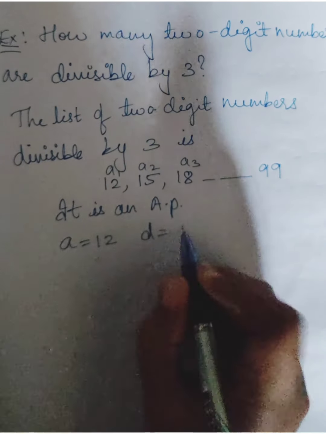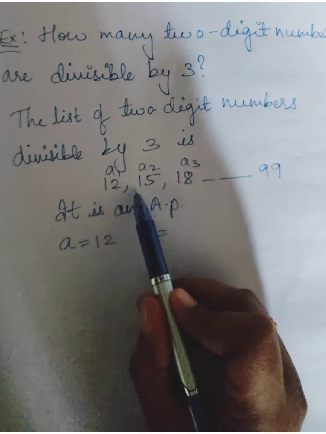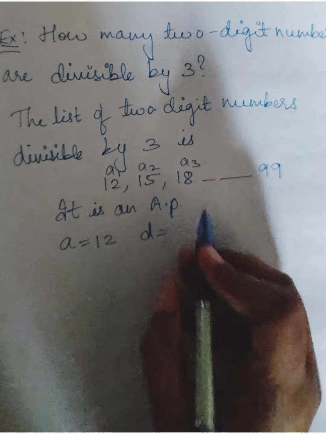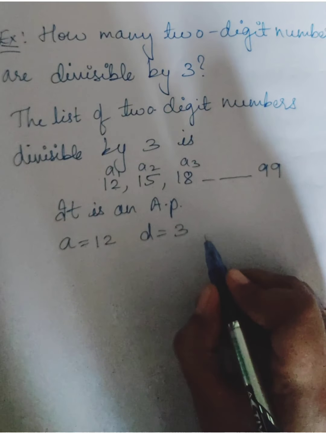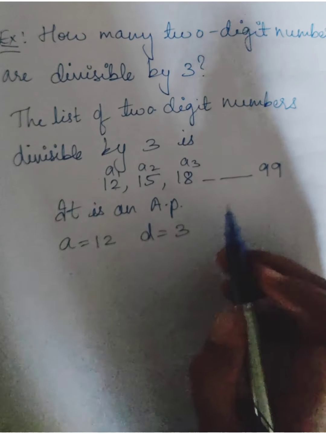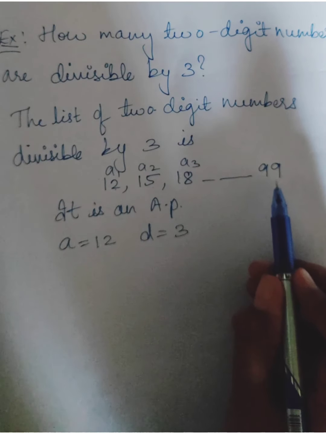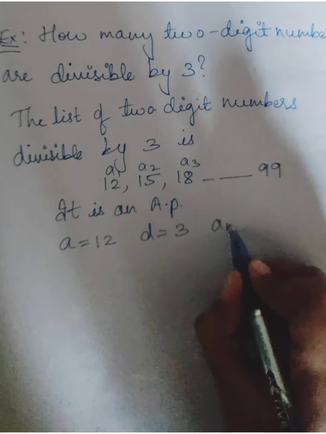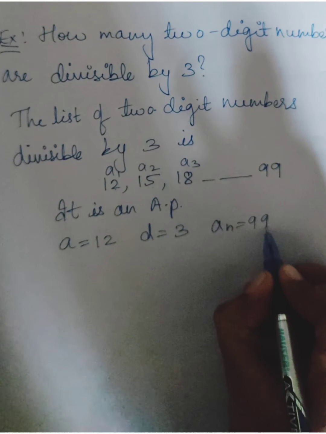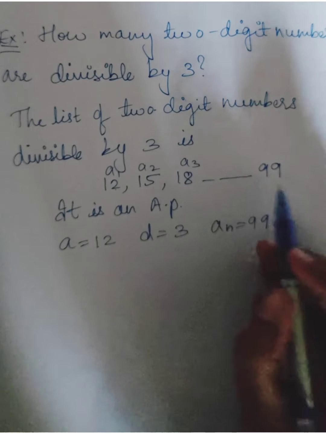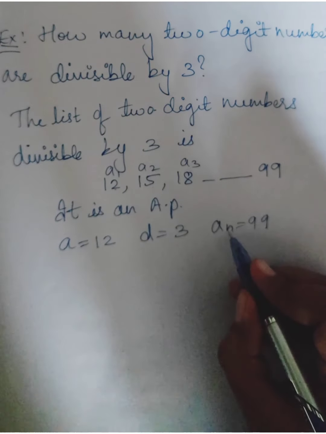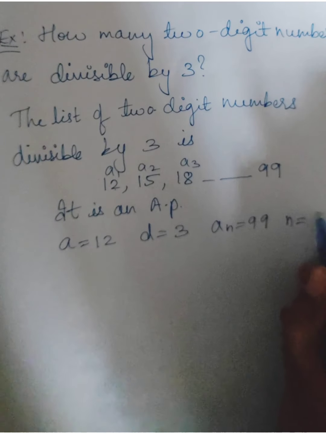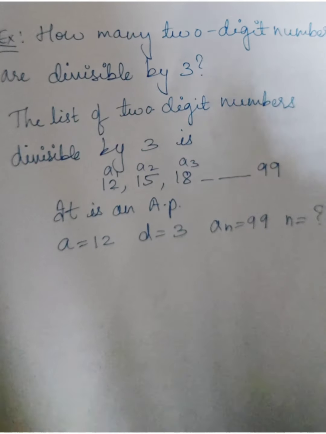The common difference, 12 plus 3 is 15, 15 plus 3 is 18, so d is 3. Now I have taken up to 99, so an is equals to 99. The last term is given as 99, but we don't know n, the number of terms. We need to find it.